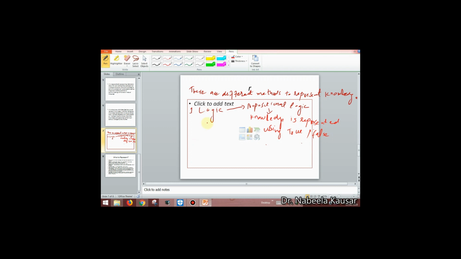And the second type of logic is the predicate logic. With predicate logic, the knowledge is represented using different types of predicates.